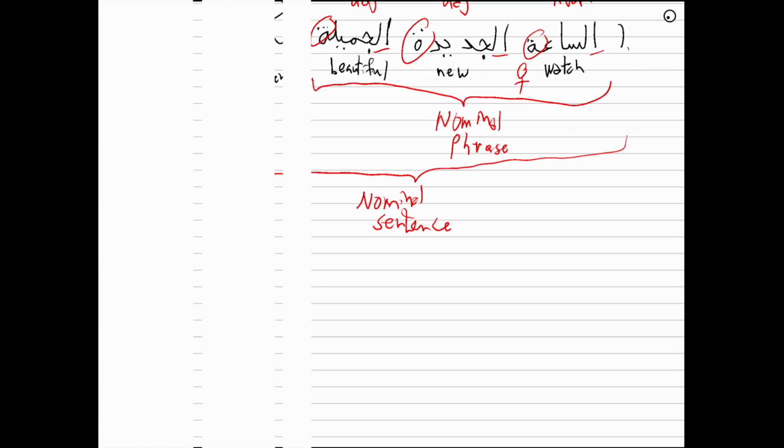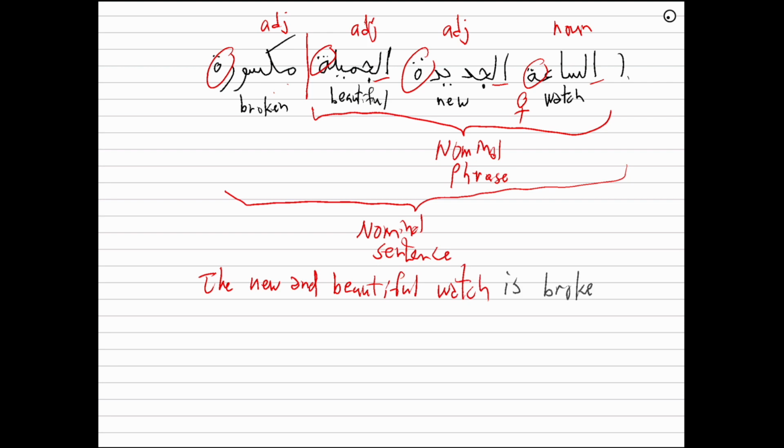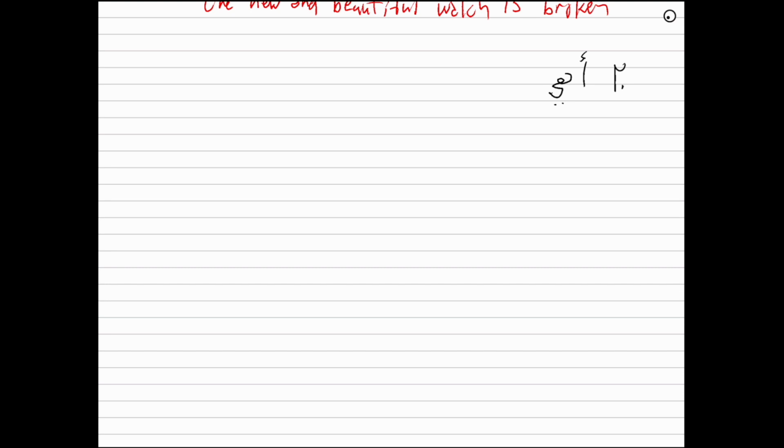So if we translate this using this knowledge, we say: the new and beautiful watch is broken. So that's how you deal with that first one. The new and beautiful watch is broken.